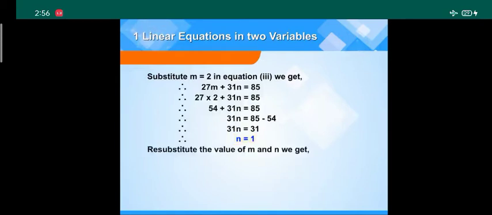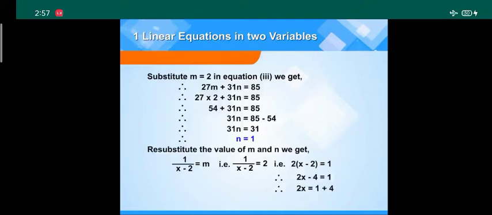Resubstitute the values of m and n. We get 1 divided by x minus 2 is equal to m. That is, 1 divided by x minus 2 is equal to 2. Solving this, we get 2 into (x minus 2) is equal to 1. Therefore, 2x minus 4 is equal to 1. Hence, 2x is equal to 1 plus 4.